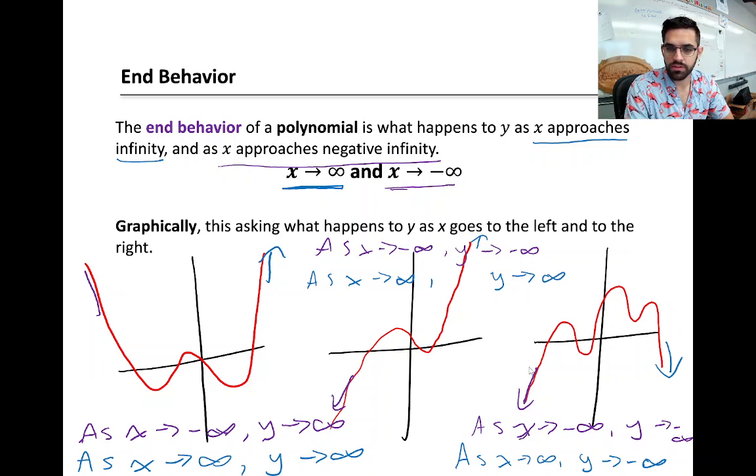So as x approaches negative infinity, y approaches negative infinity. And to the right, as x approaches positive infinity, we also go down, y approaches negative infinity. Hopefully that makes sense, and hopefully the notation also makes sense.